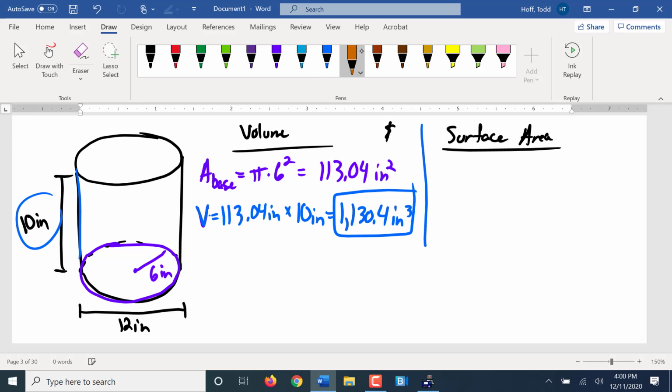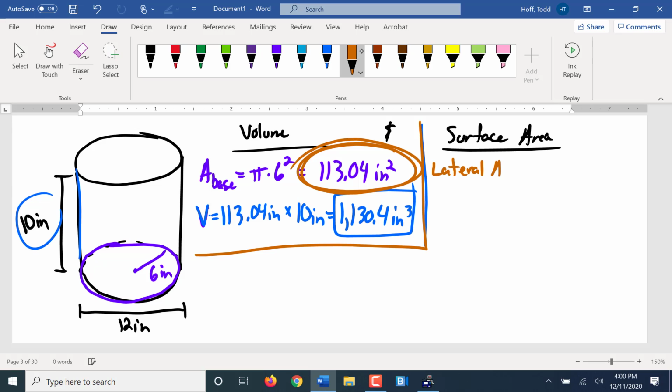For surface area here, we have the area of the base already. That's this one. We need our lateral area. What do we need to know to find the lateral area? Well, yep, the diameter is going to come into it.